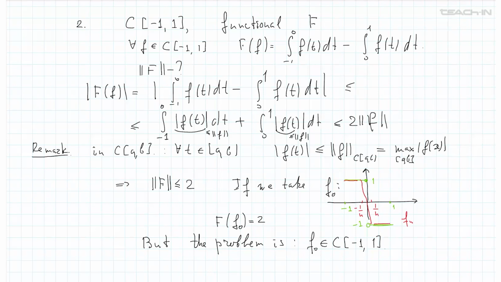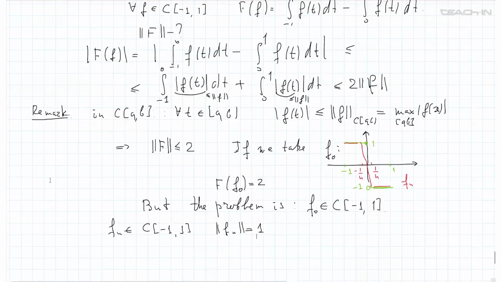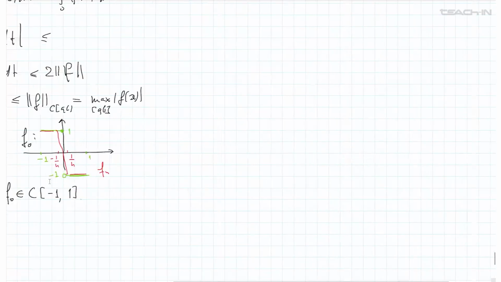This function is continuous. It is the first property of this function. The norm of this function, the maximum of fn, equals 1. So we work on the unit sphere.